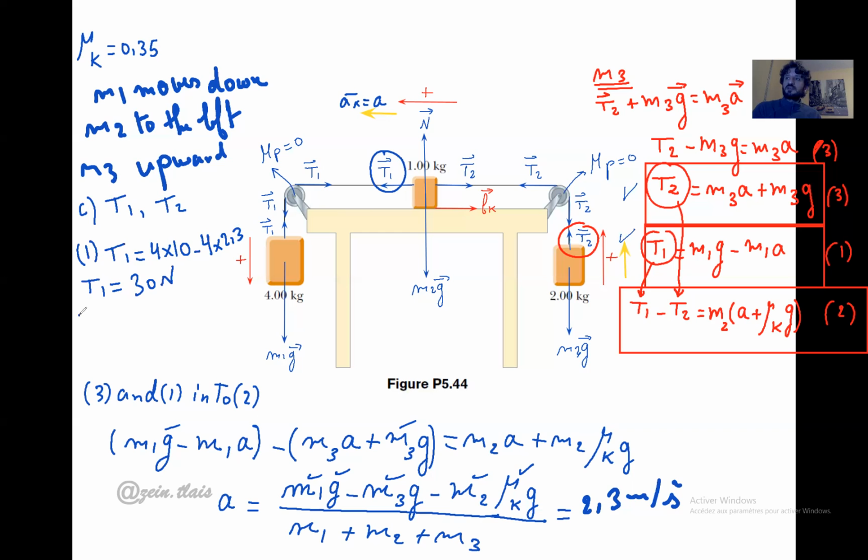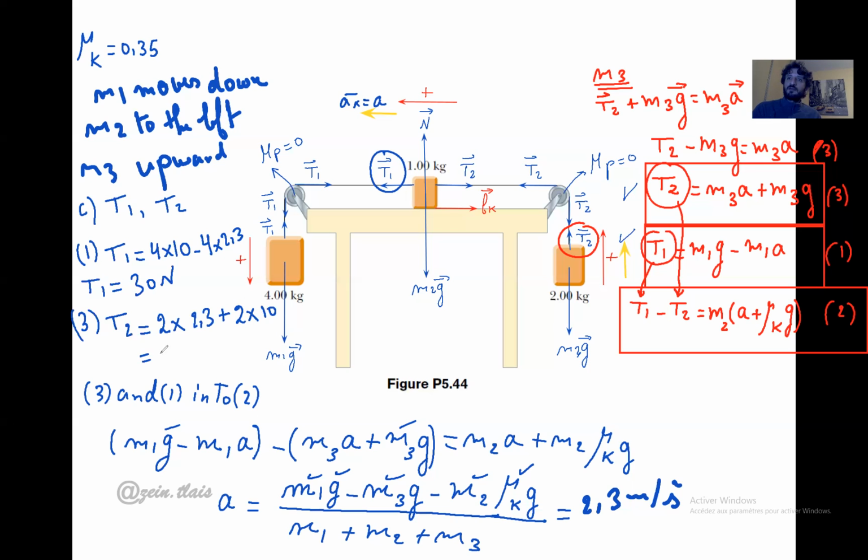We can use equation 3 to calculate T2. T2 equals M3, which is equal to 2, times A, 2.3, plus 2 times G, equals 10.